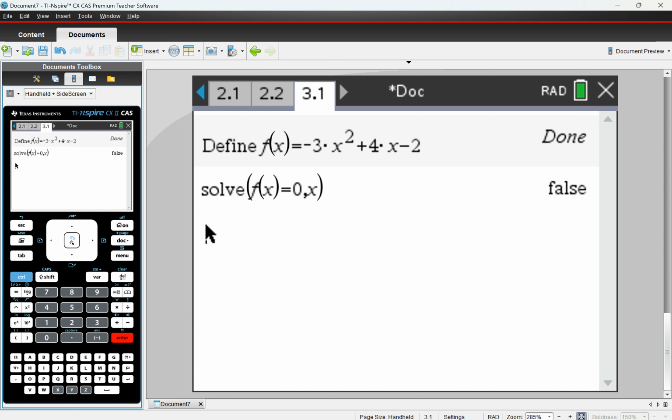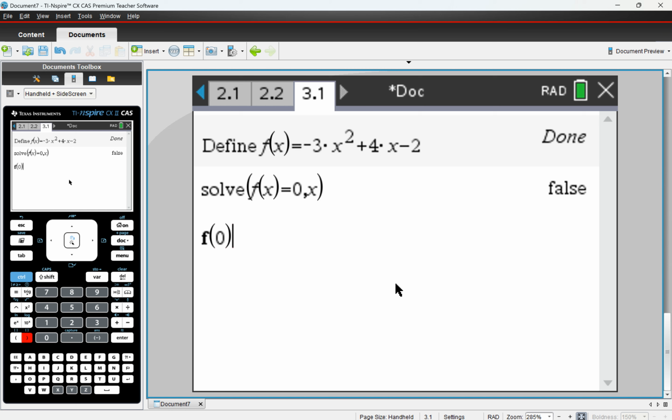Doesn't touch the x-axis. Find the y-axis intercept. How do you find the y-axis intercept again? F0. Very good. You're substituting x equals 0 in. And it tells us it's -2.